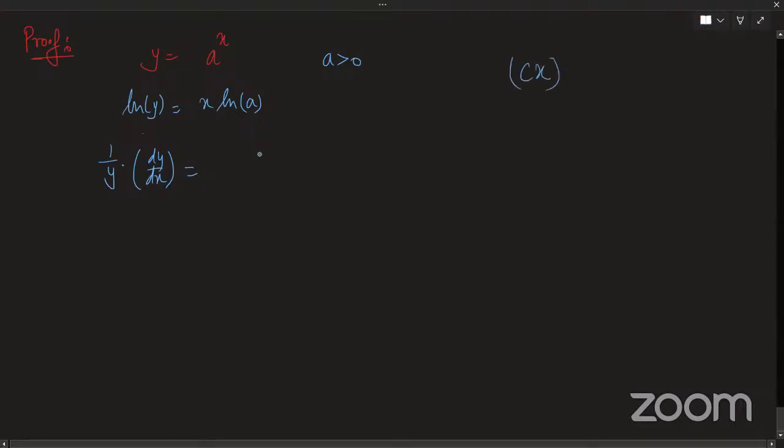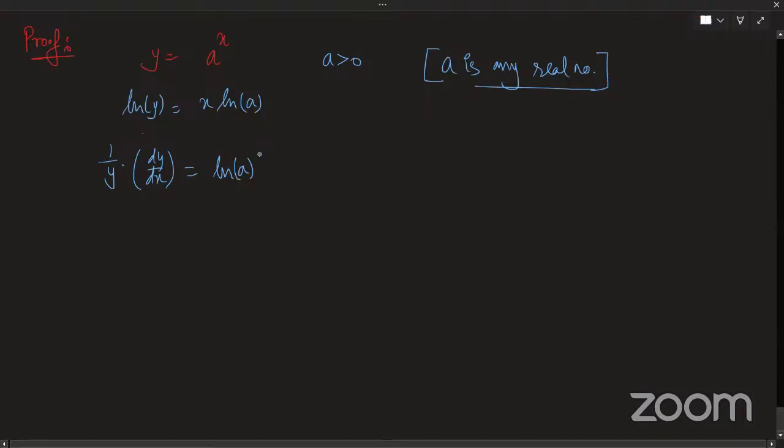What is the derivative of cx? C is any constant. Yes, it is ln of a, right? See, a is any constant. A is any real number. Any constant real number.